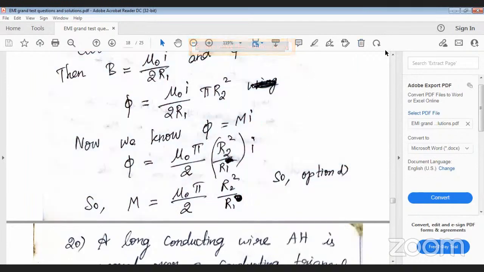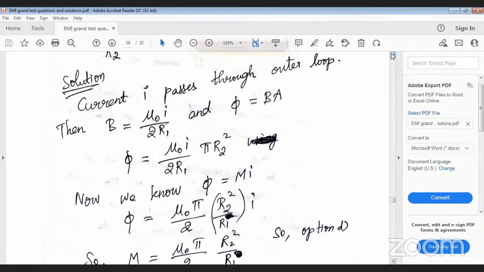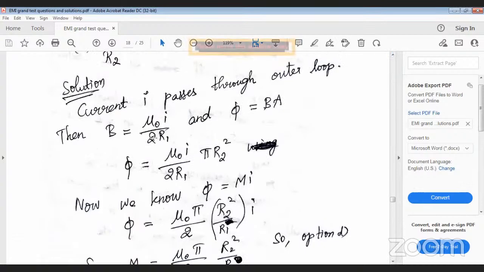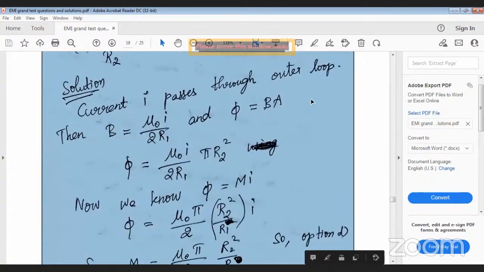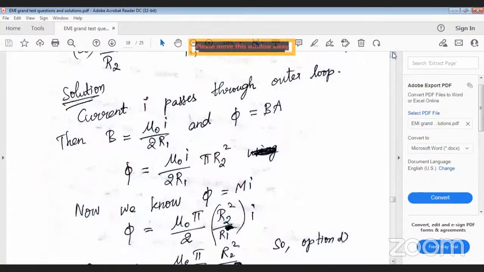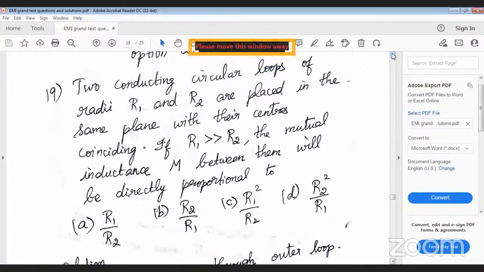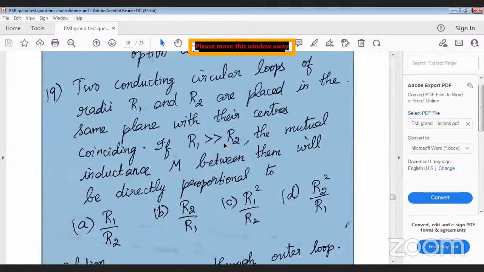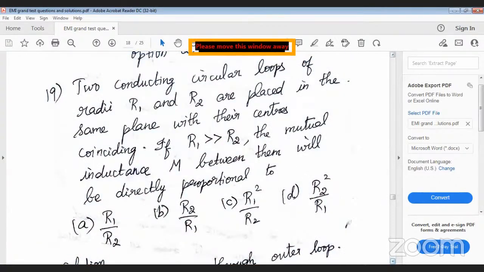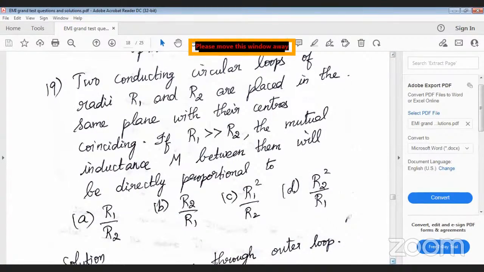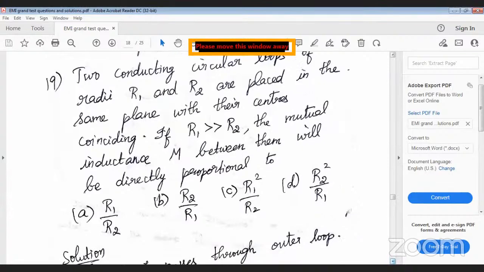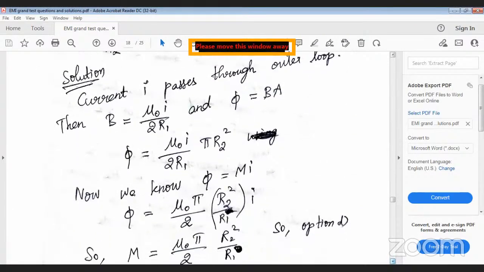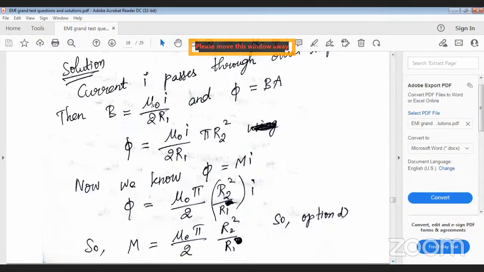Phi, how can you find out? For a circular coil, the magnetic field is given by mu naught I by 2R. So here, the outer loop has the radius R1. Due to the outer loop, you will be having flux in the inner loop. So for the outer loop, you will have this much magnetic field, mu naught I by 2R1, at the center.